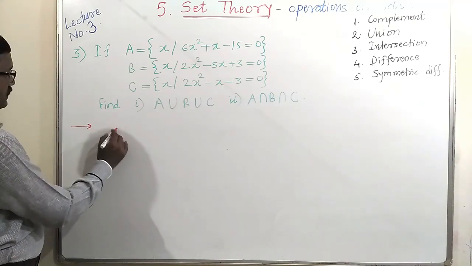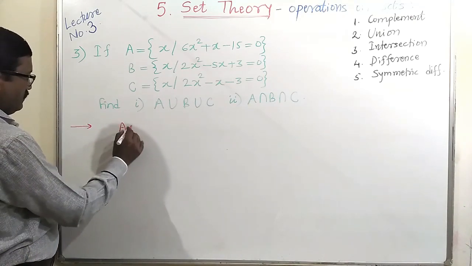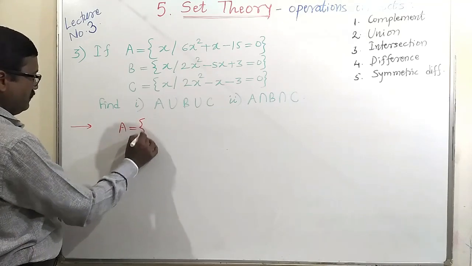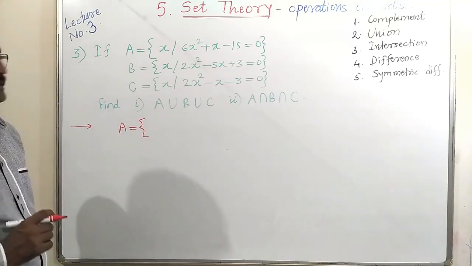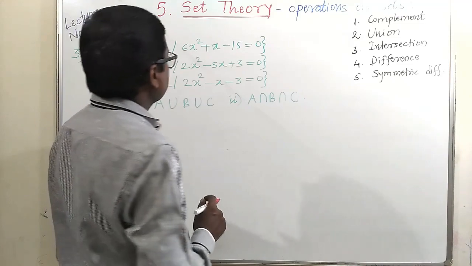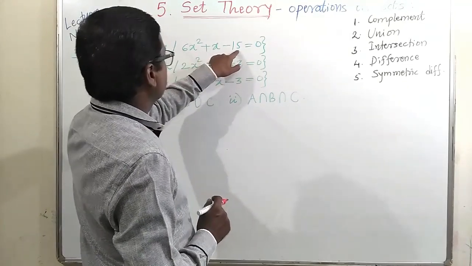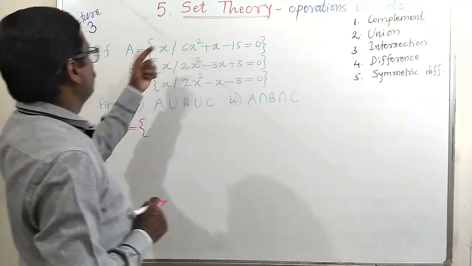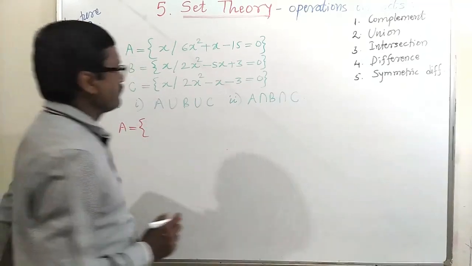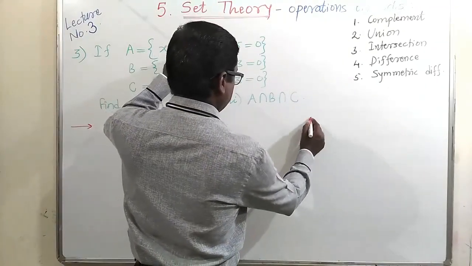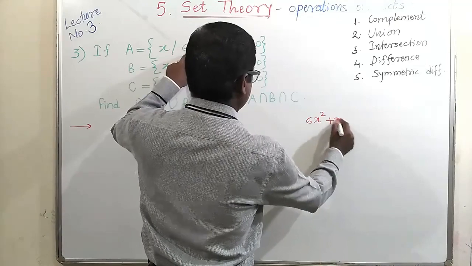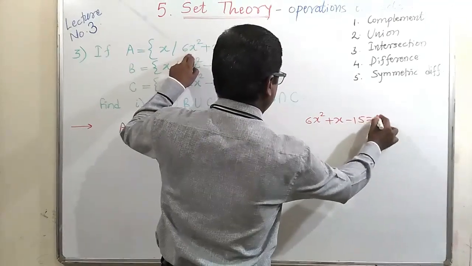For that, A is equal to, write this A in roster form. We have to solve this quadratic equation so that we get two values of x which are nothing but the elements of set A, as this 6x square plus x minus 15 equal to 0.